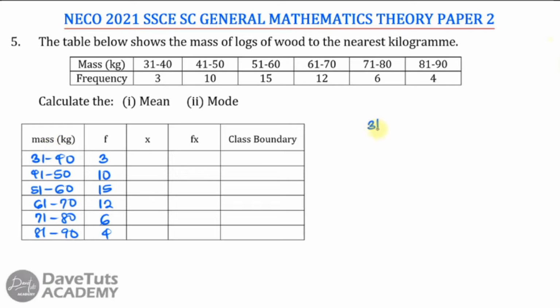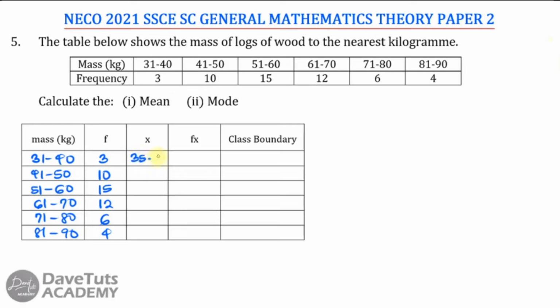Like we are having 31 plus 40 divided by 2, that will be 71 over 2. So what's the midpoint of this? 2 in 7 is 3, and 2 times 3 is 6, remaining 1. 2 in 11 will be 5.5. So the midpoint for the first particular set of data grouping is 35.5.